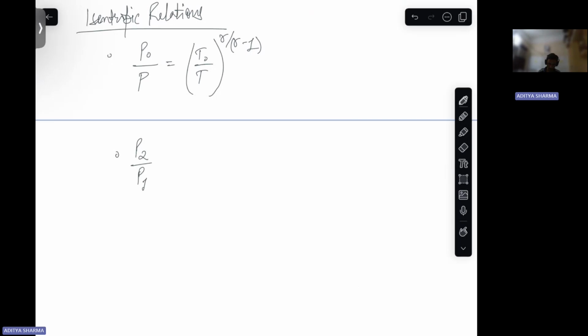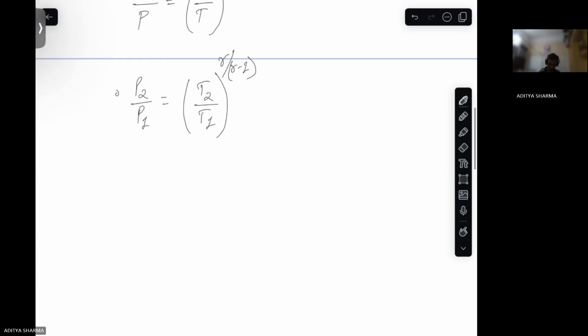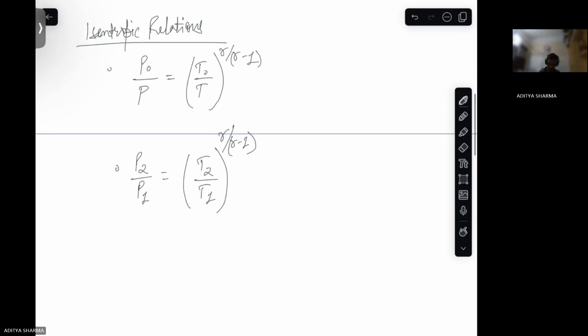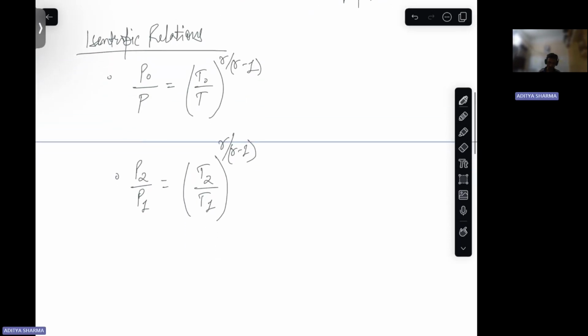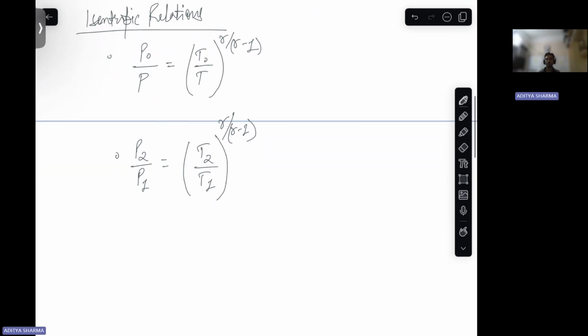Then if there are two pressures, if the process is isentropic, in that case, from state 1 to 2, the relation will be like this. Same is true for this relation.